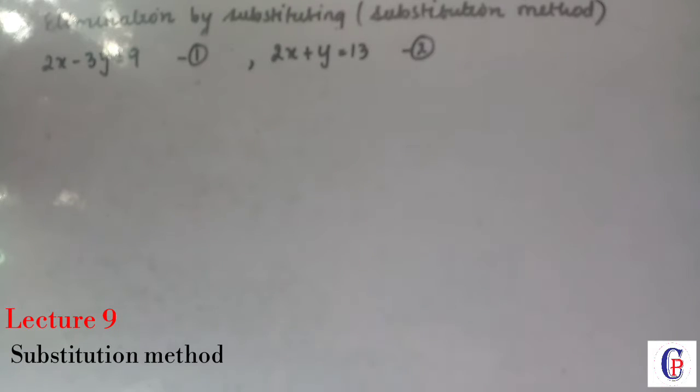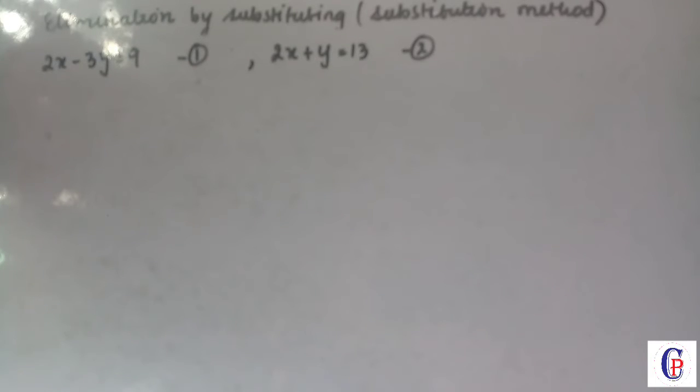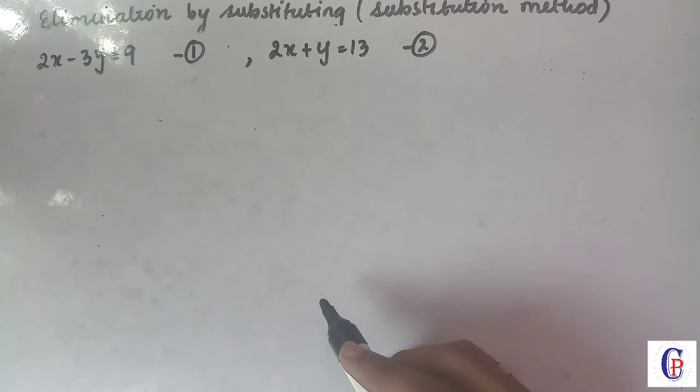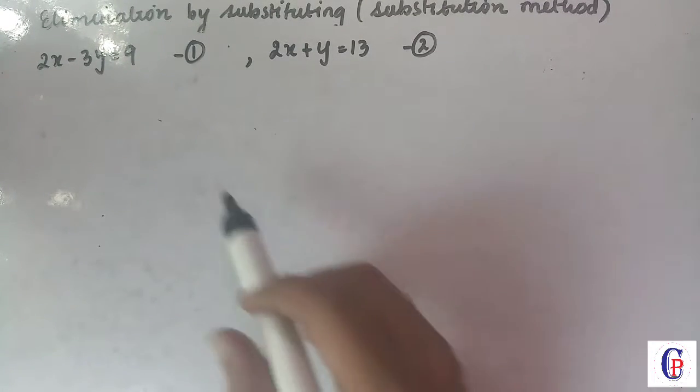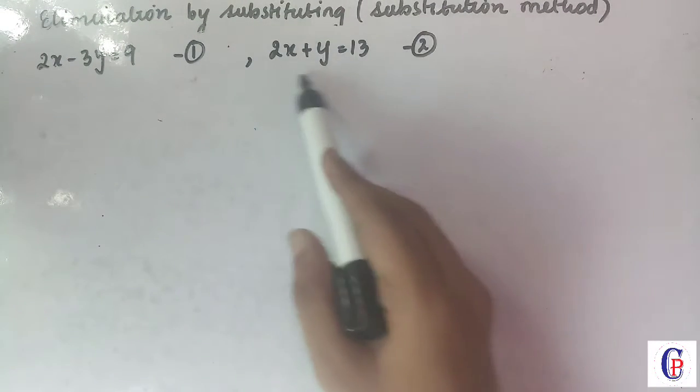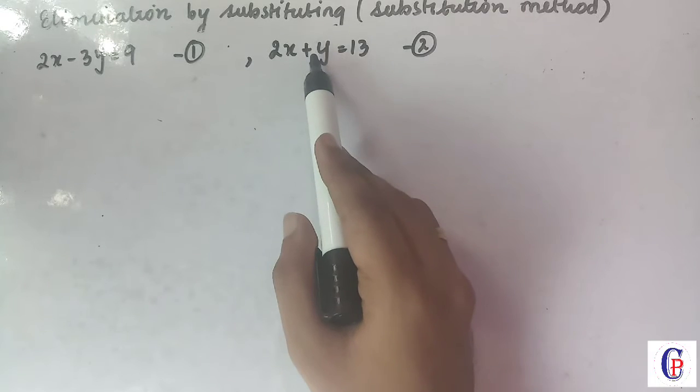Now I hope you remember what was the first step, that is you have to find the equation which has coefficient 1. Okay, so we can see that we have this equation whose coefficient is 1.